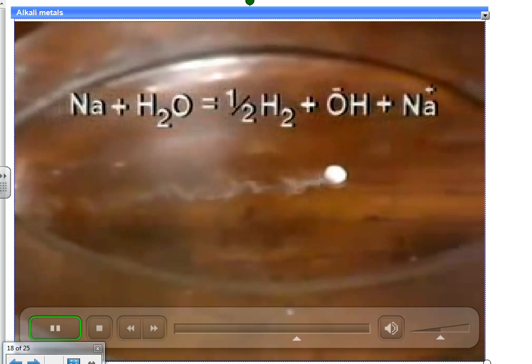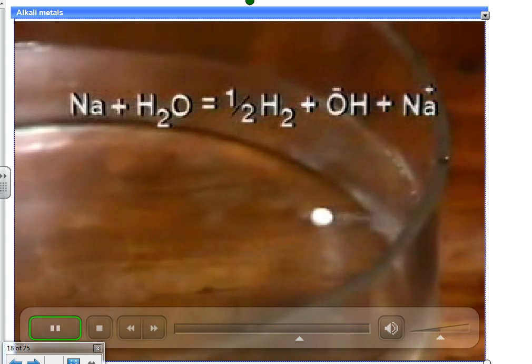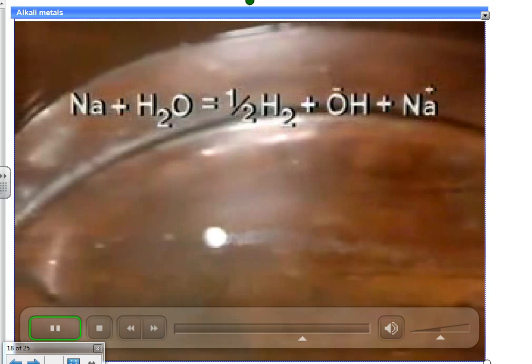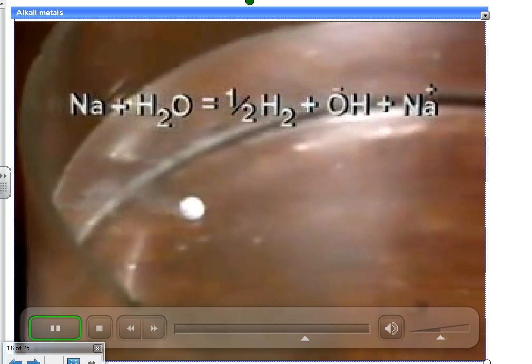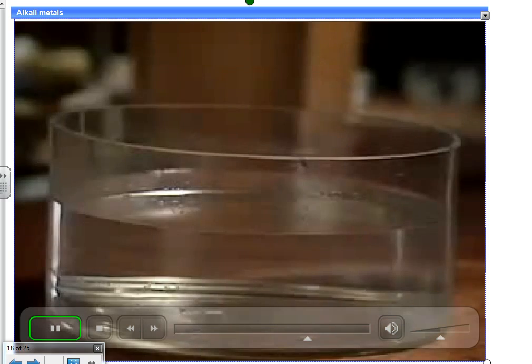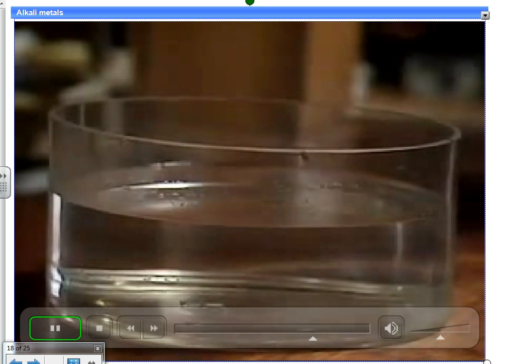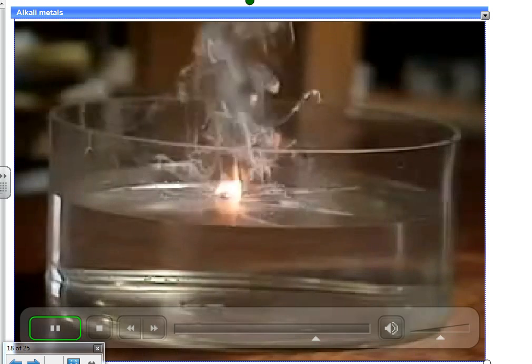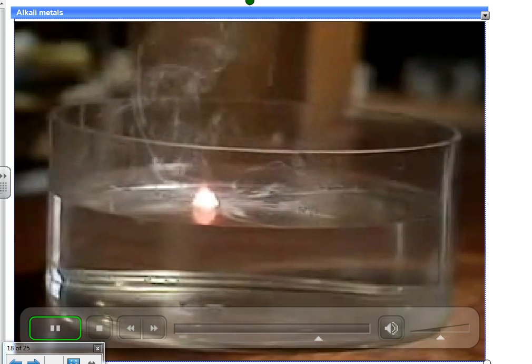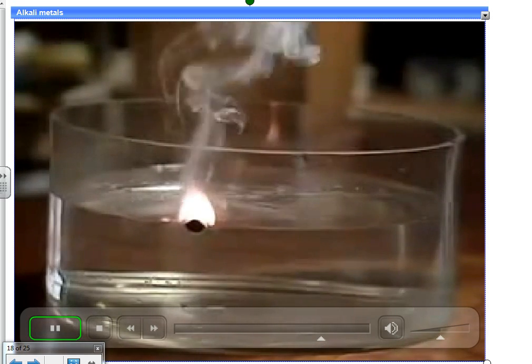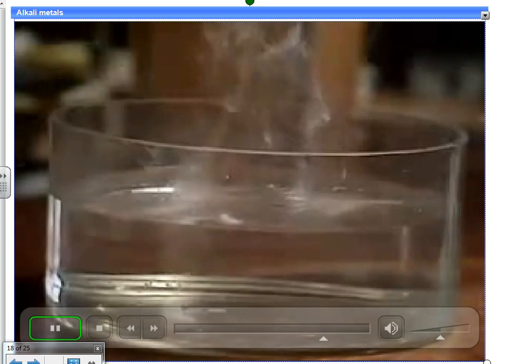Let's see an equation for the reaction. Hydrogen gas is produced, and the metal dissolves to give an aqueous cation with a single positive charge. Now for potassium. This time you'll see a flame. The heat given out by the reaction is produced so quickly that the hydrogen gas catches fire. It burns with a lilac flame.